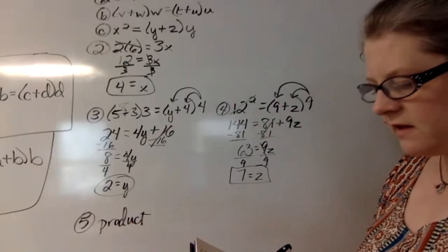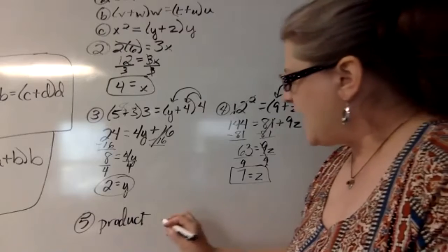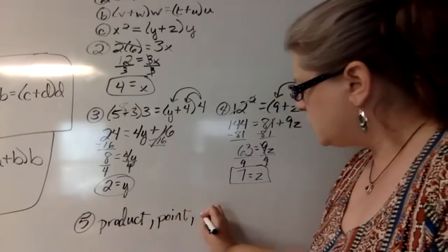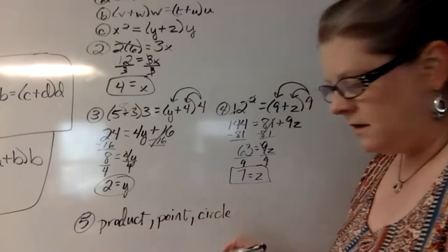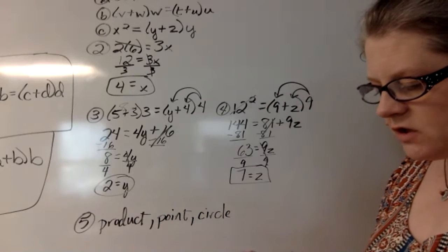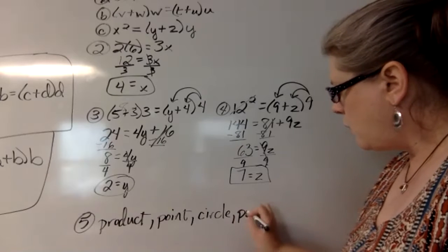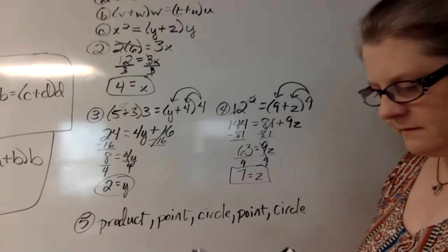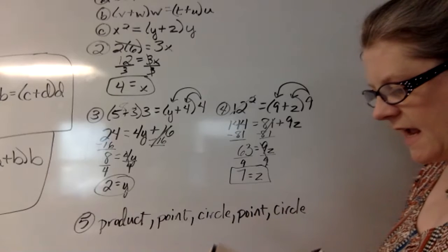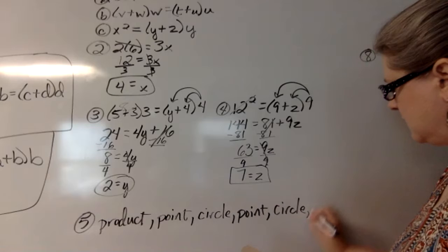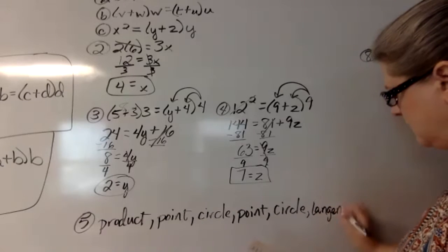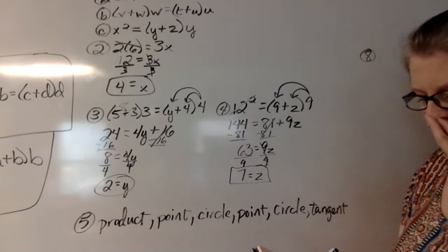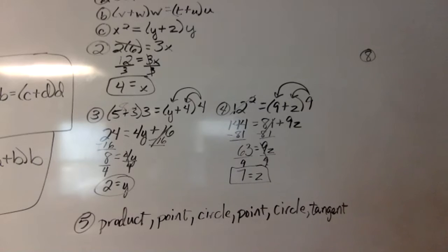So the product of the lengths of the 2 segments from a point to a circle is constant along any lines drawn through the point and circle if the length of a tangent segment is listed as 2 factors. So those are the words in the order that they go in the blank.